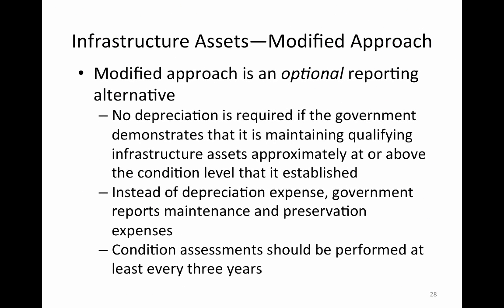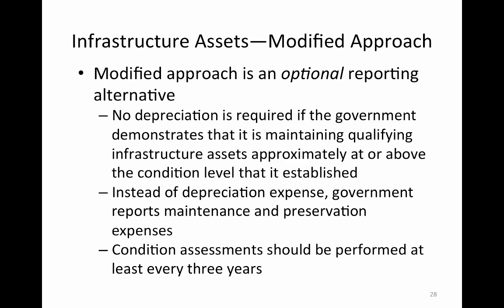I mentioned briefly before the modified approach, and I'm not going to get into tremendous detail here, but for infrastructure assets, governments have the option, if they have an asset management system that meets certain criteria, to, instead of depreciating those assets, report each year an expense for the preservation and maintenance costs necessary to keep that infrastructure asset at a consistent physical condition level that the government chooses beforehand.